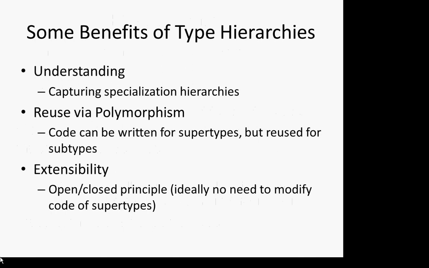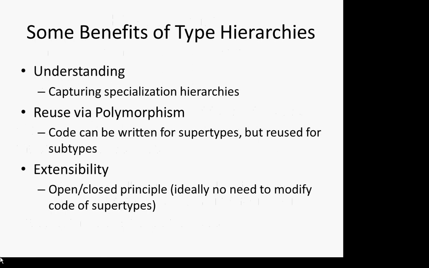So these type hierarchies and polymorphism give us a lot of benefits. They capture notions of commonality among things, just like Sage said. They allow us to reuse code through polymorphism. The same sets of code can be reused for all the different subtypes, even for subtypes that weren't in place when that code was shipped.